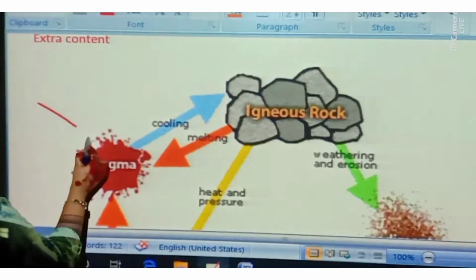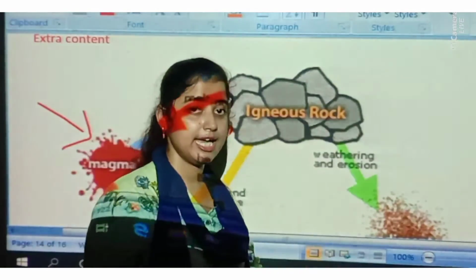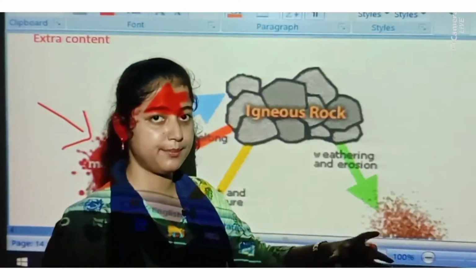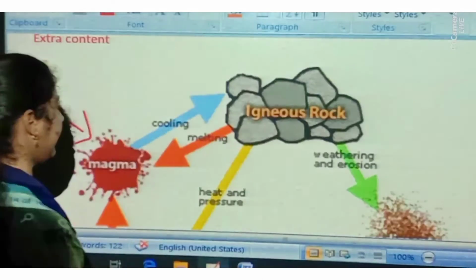This represents magma. We all know that inside of our earth, in the asthenospheric chamber, we have a viscous layer of magma, right?